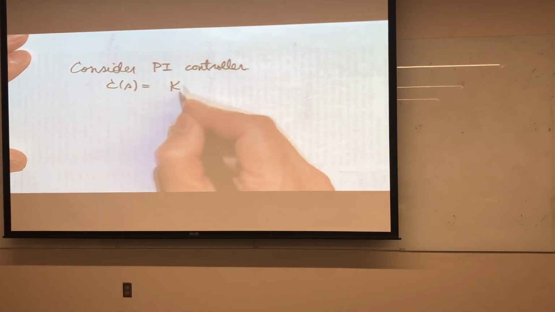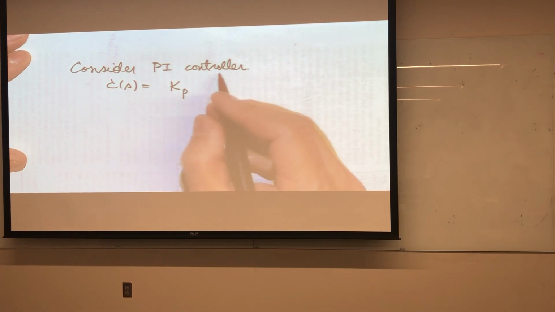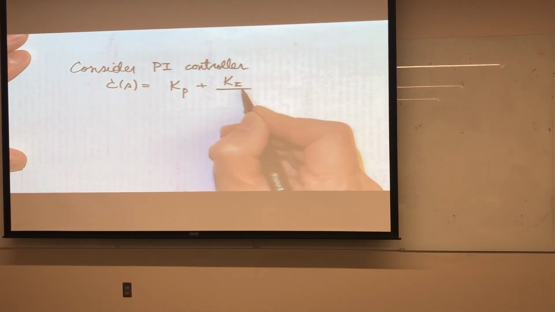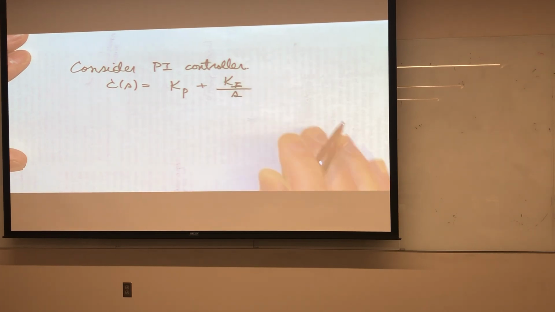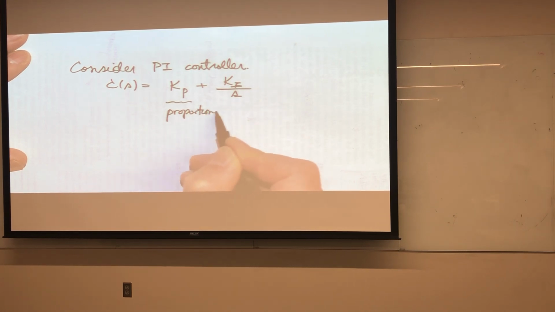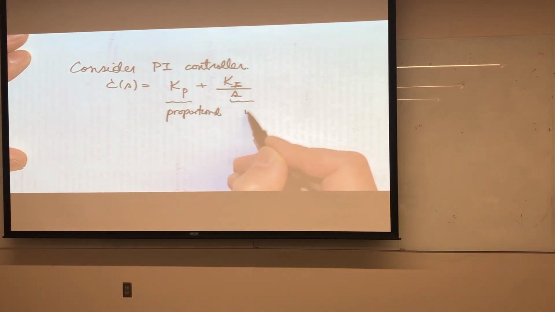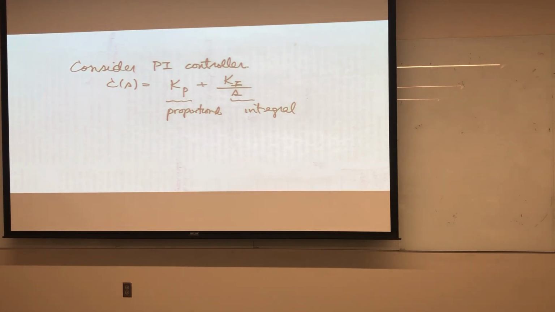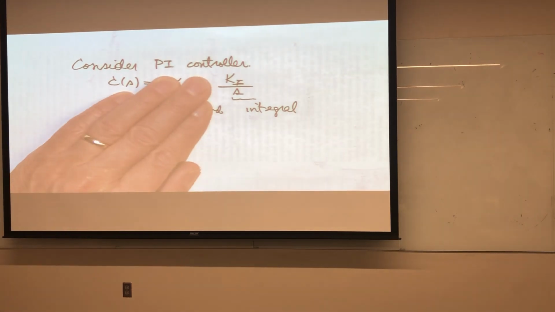Typically we do it like this, KP, that's a proportional term, plus, one way to do it is KI divided by S. This is the integral term. Okay, proportional plus integral.